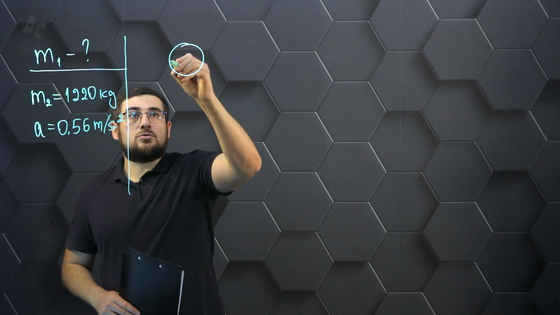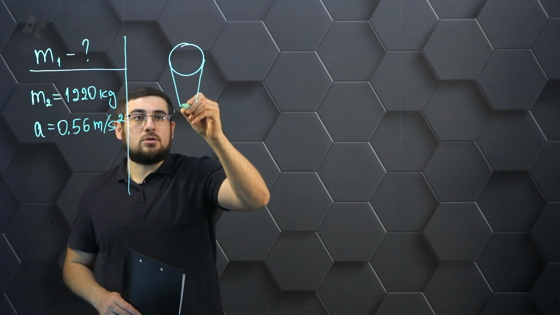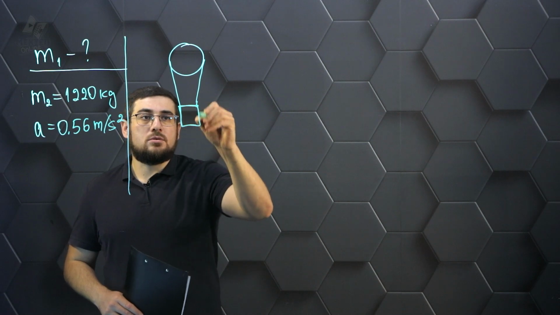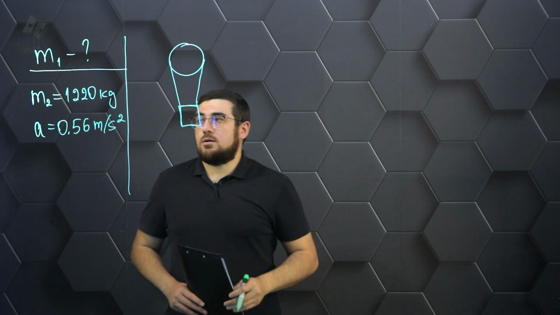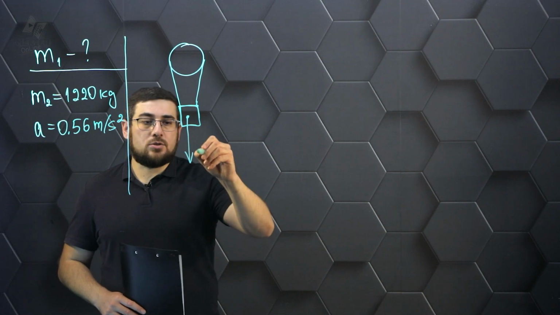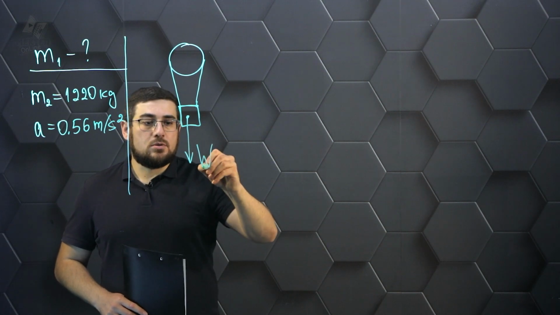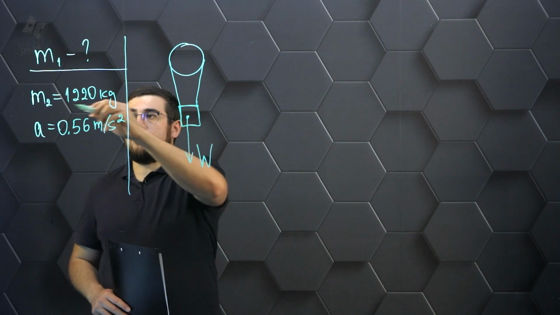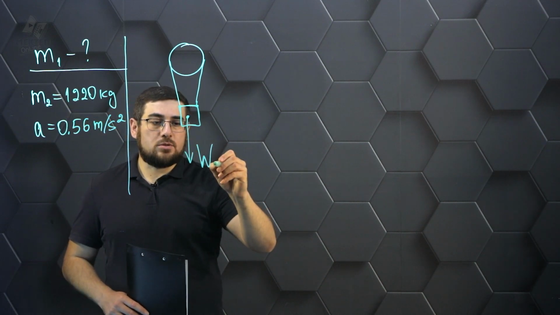So let's draw the balloon when it was in equilibrium. Here is the total weight of this system, which we'll denote as W. Given the index 2, let's write it as W2 to refer specifically to mass 2.